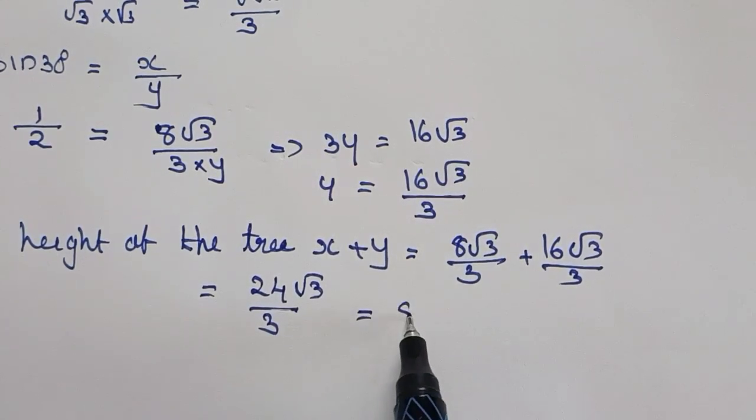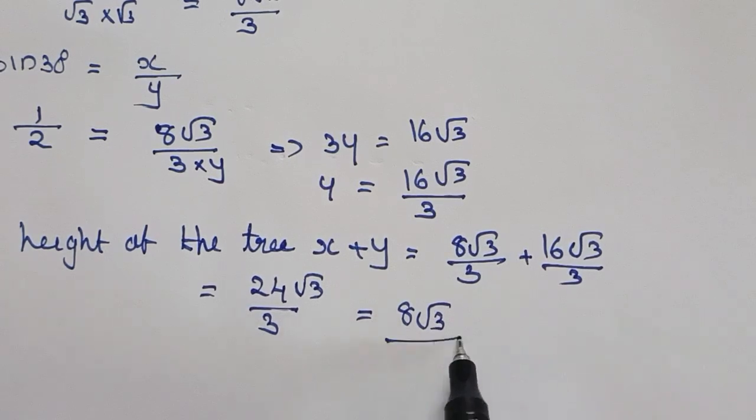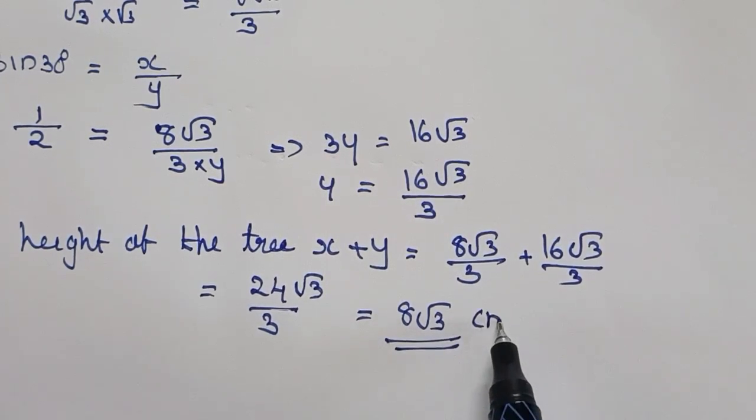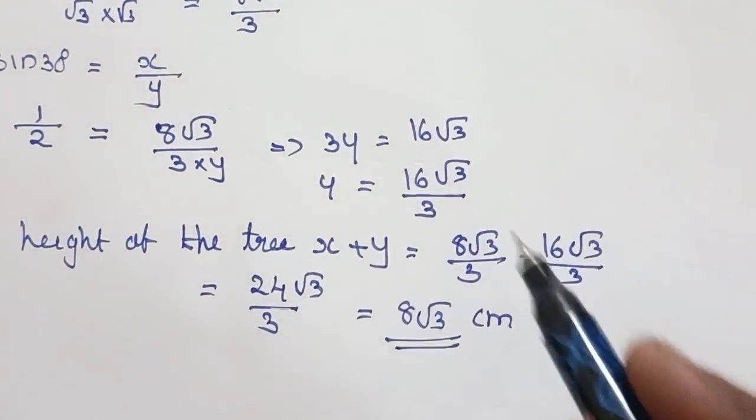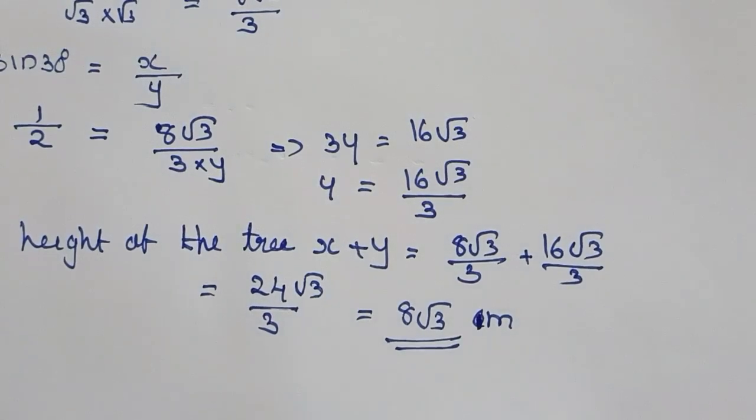After cancellation, we get 8 root 3. So, height of the tree equal to 8 root 3 centimeters. It is not centimeter, it is given in meter. So, 8 root 3 meters.